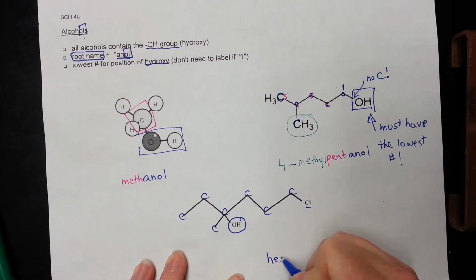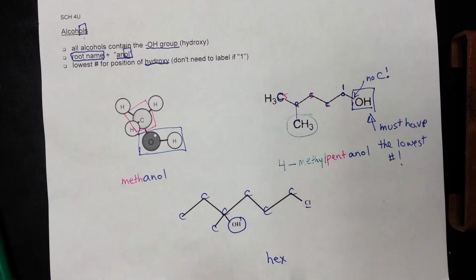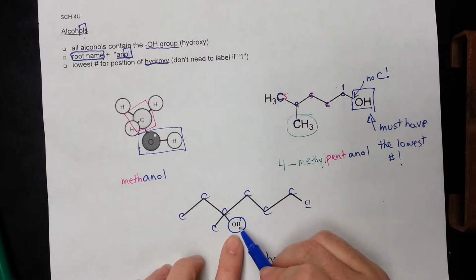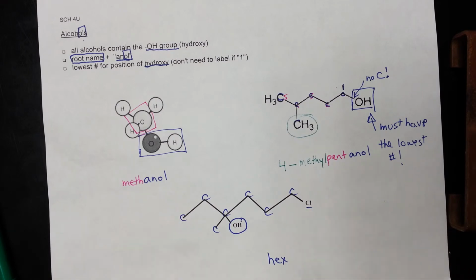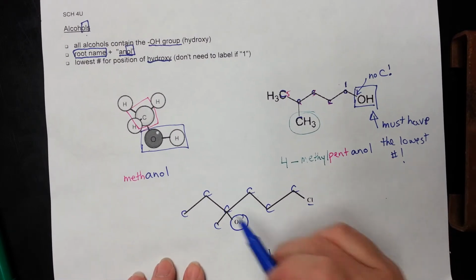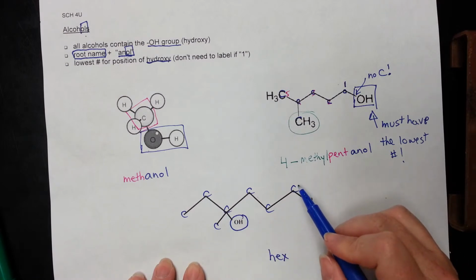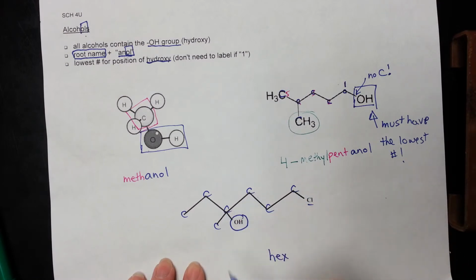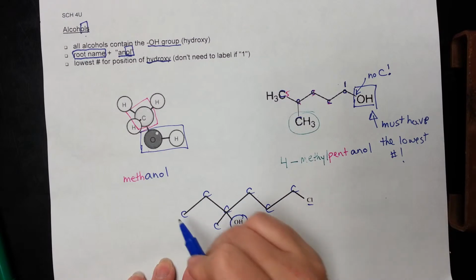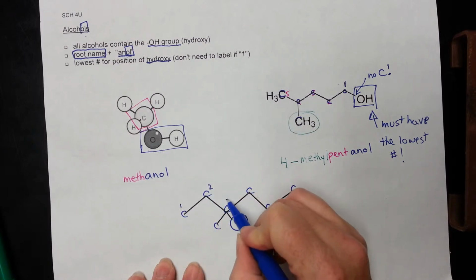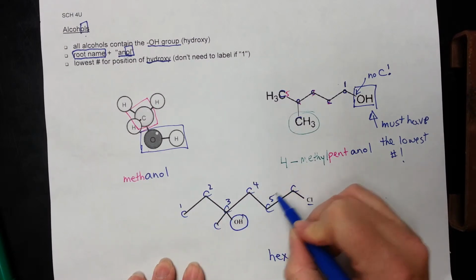So it's going to have a hex. This time, however, our hydroxy group is not on the end. It's not on a terminus, a terminal carbon. So I'm going to go 1, 2, 3, or I can go from this side 1, 2, 3, 4. I will choose the lowest possible number, so I'm going to number in this direction.